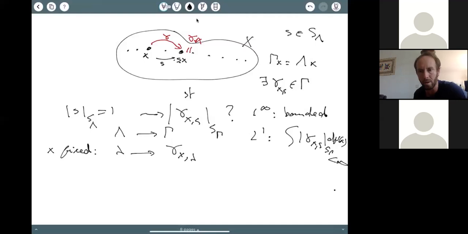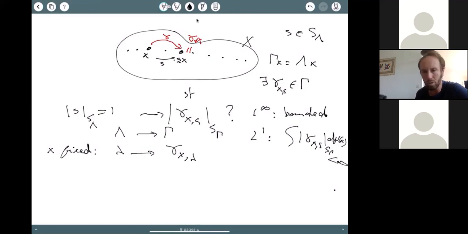It's called the cocycle. I didn't want to introduce that, but the idea is that it depends, you have to fix a point in order to identify an orbit, and then you have a map from lambda to gamma. It's not a morphism, because we have not assumed that you have a homomorphism, but let's say it's a map.